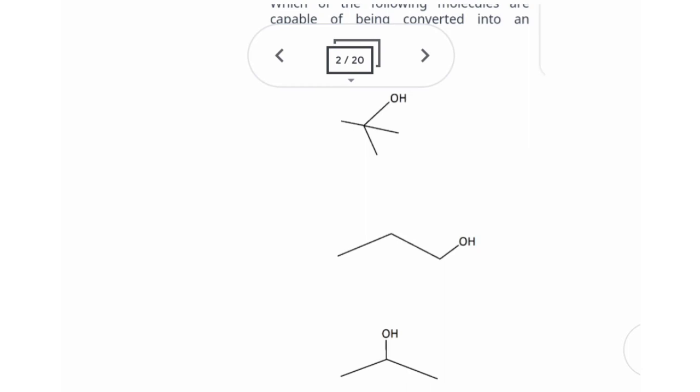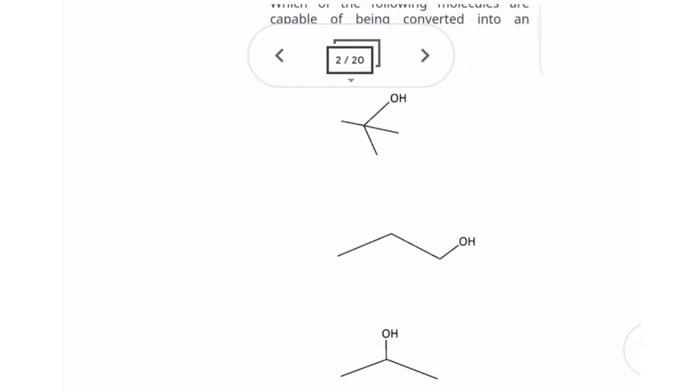Well, if you look at these alcohols, the first one is a tertiary alcohol. For you to be able to convert an alcohol into an aldehyde, you need to have a primary alcohol. You can convert a primary alcohol into an aldehyde using PCC. So this is a tertiary alcohol and it doesn't qualify to be the correct answer.